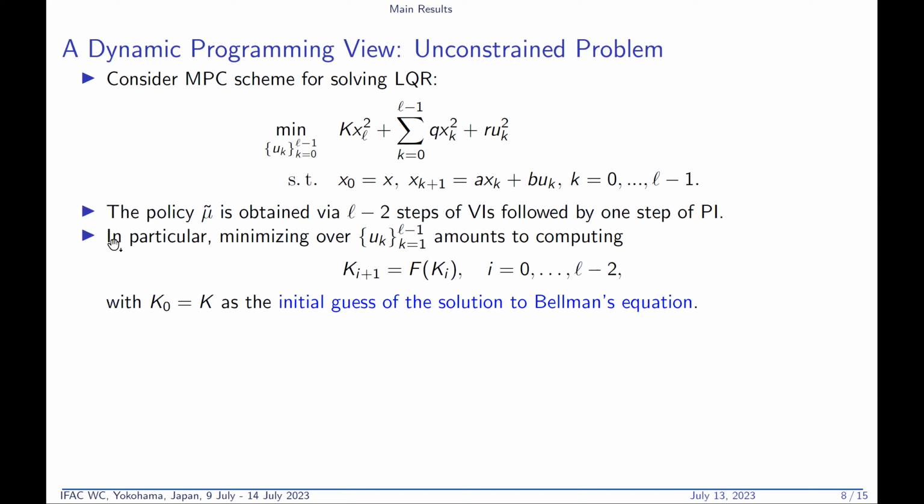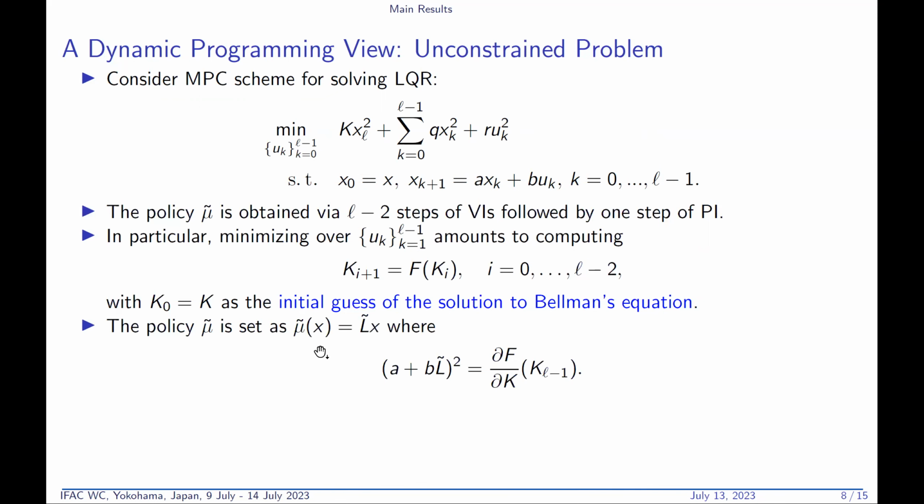More specifically, minimizing over controls that start at the next stage to the end of the predicting horizon amounts to computing L minus 2 steps of value iteration, where K0, the terminal K, is the initial guess of the solution to Bellman's equation.